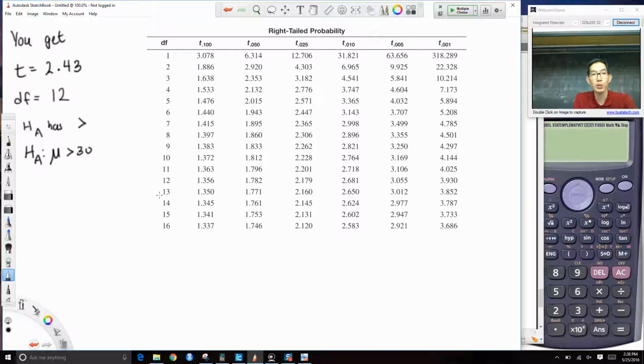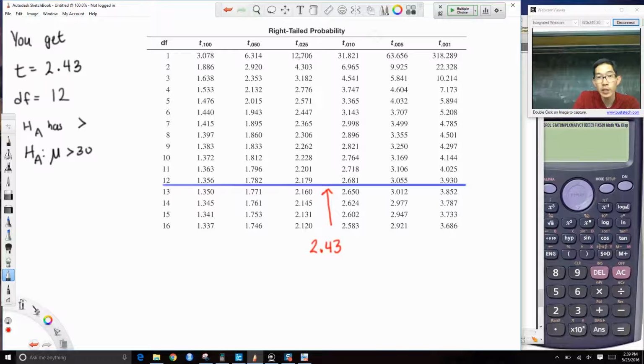At degrees of freedom equal to 12, we're just going to concern ourselves with this row right here. If I look here, 2.43 fits in between 2.179 and 2.681. So in the row for 12 degrees of freedom, which means I had a sample size of 13, 2.43 fits in between 2.179 and 2.681.